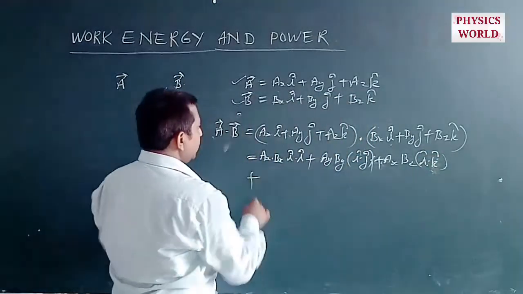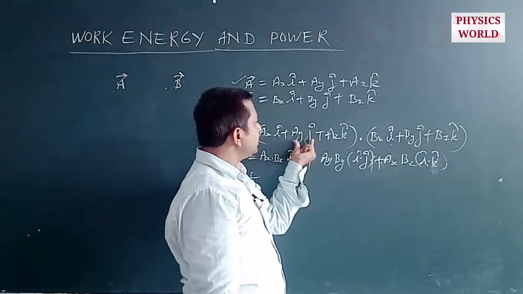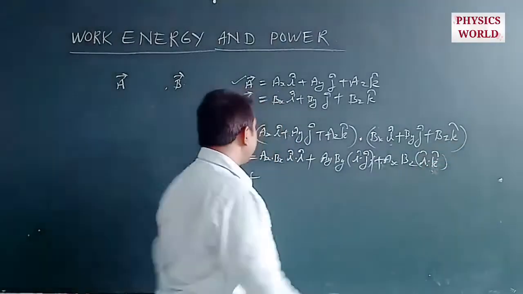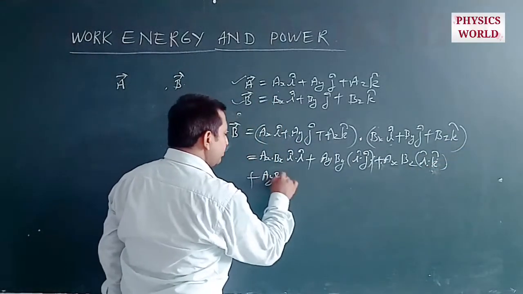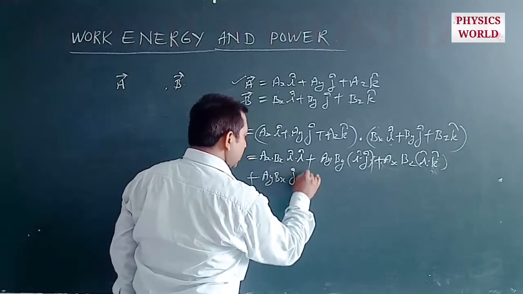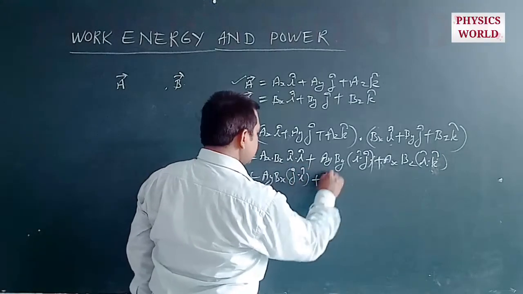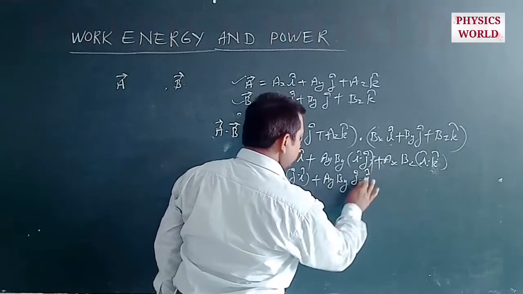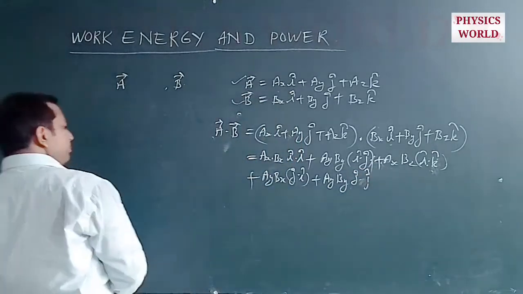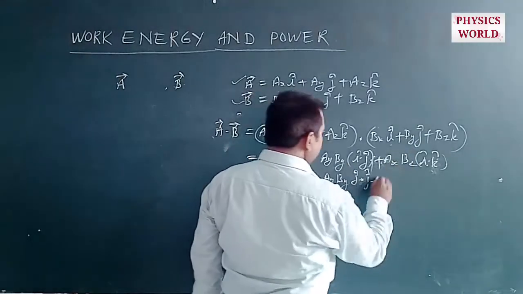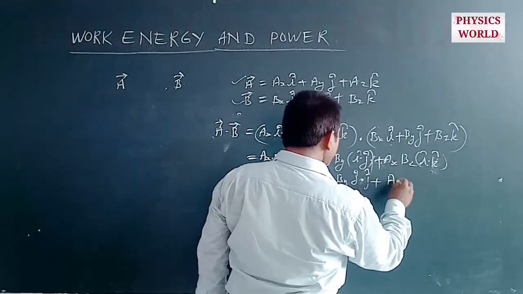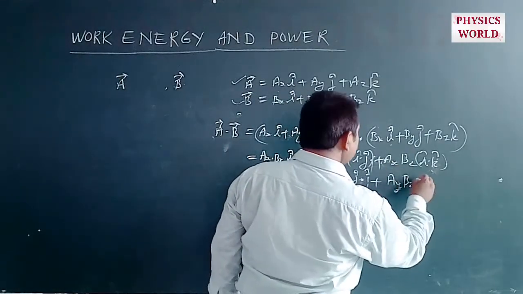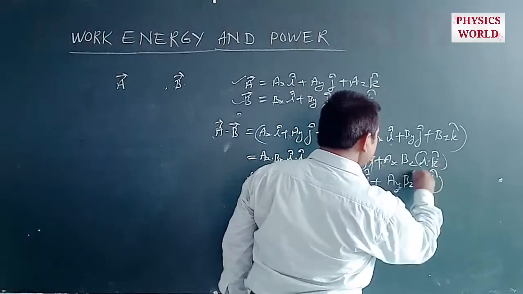Similarly, if we multiply the AY j with all these three, then we get AY BX j dot i plus AY BY j dot j plus AY BZ j dot k.